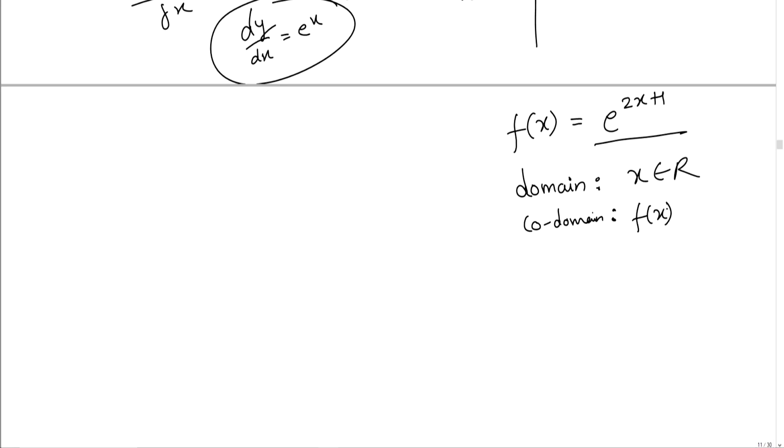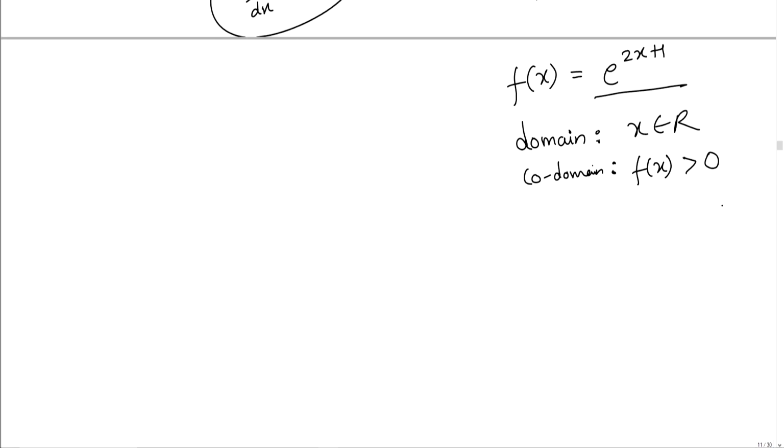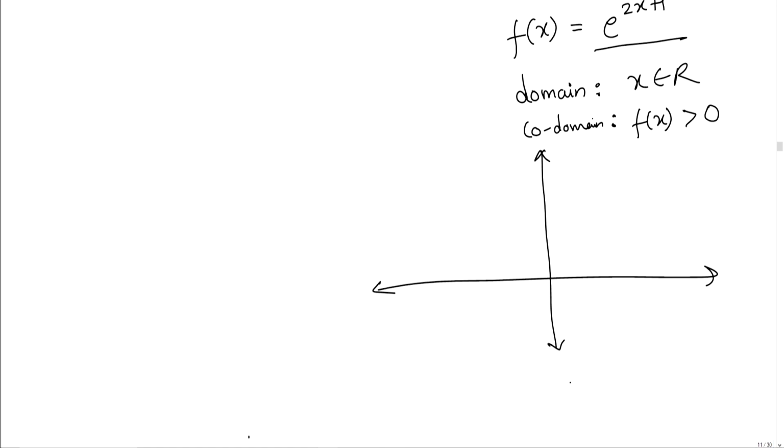So, codomain, you can write f of x would be greater than 0. Now, you can draw the graph. So, at x equals 0, the value of y is e, not 1, e here.